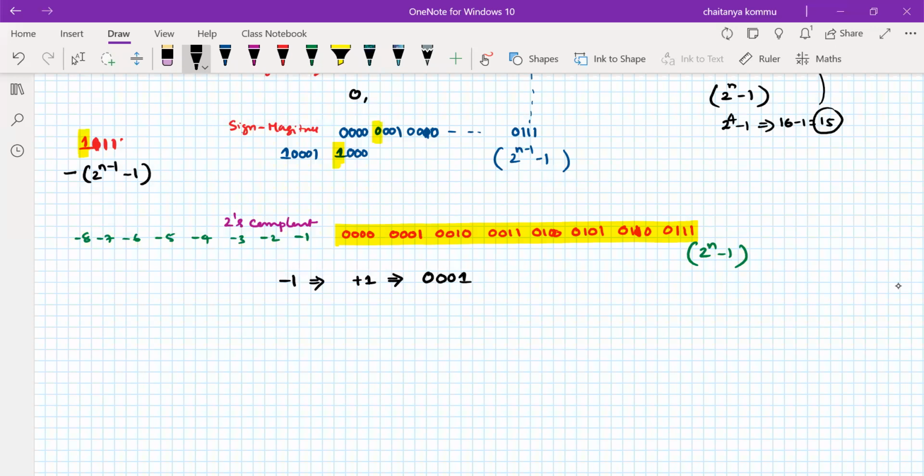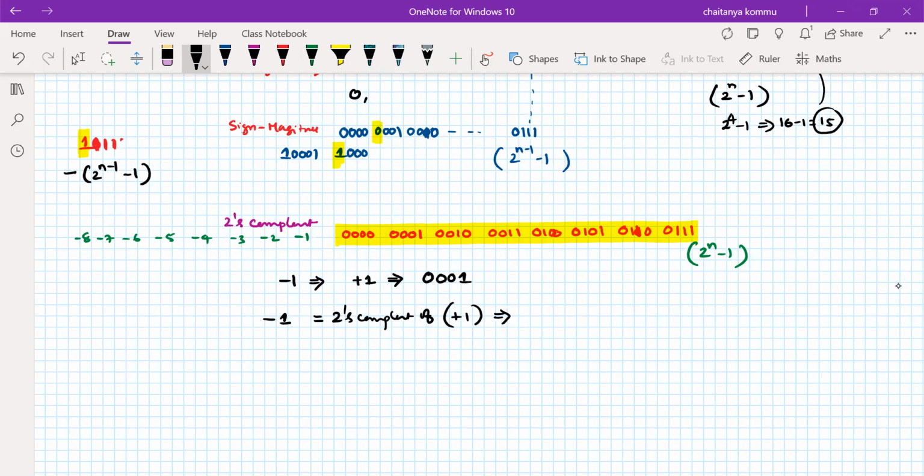Now we have to take the 2's complement of this number. So the 2's complement of plus 1 represents minus 1. That's what is important. Agreed? Minus 1 is nothing but the 2's complement of plus 1.